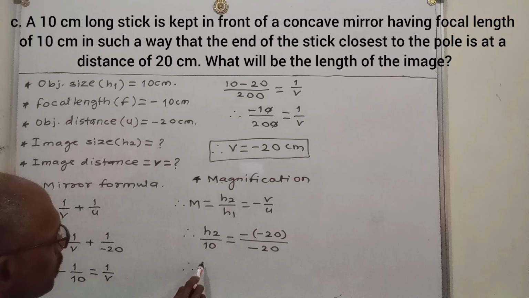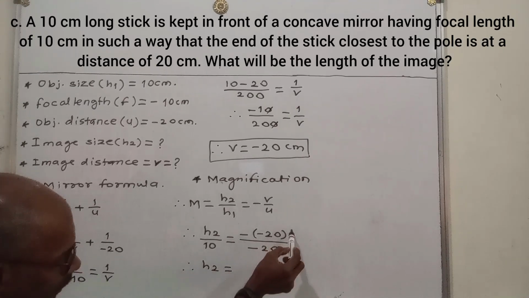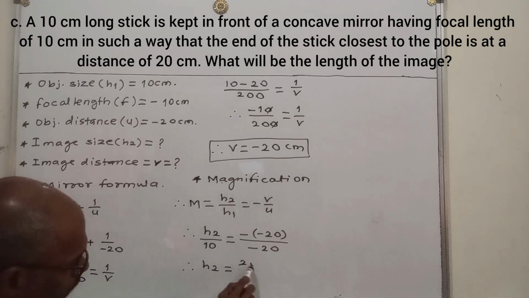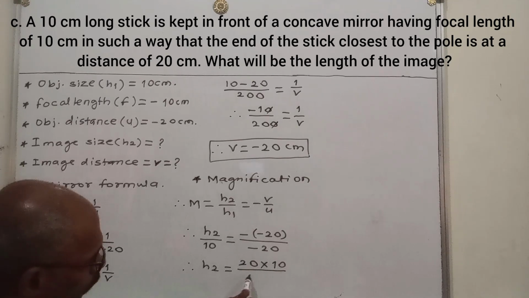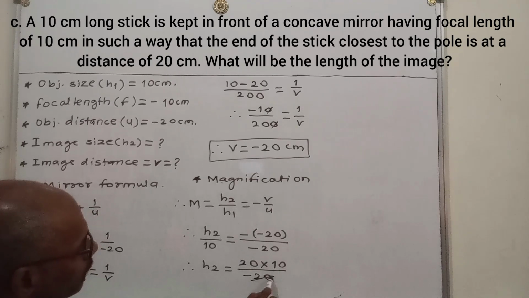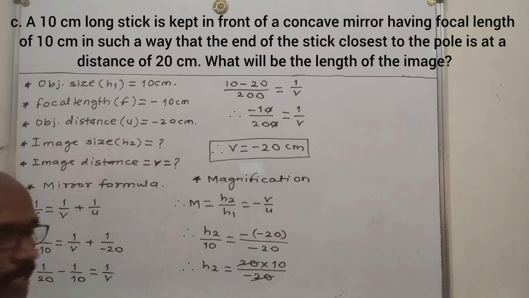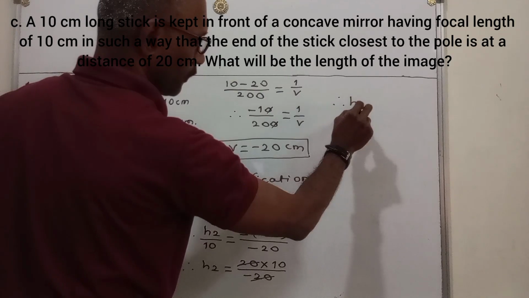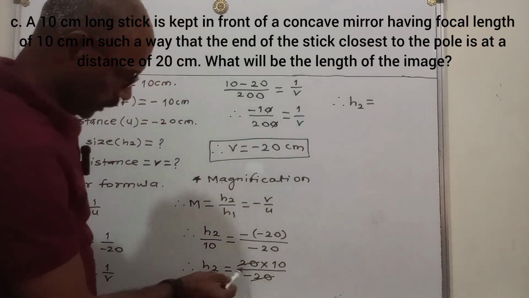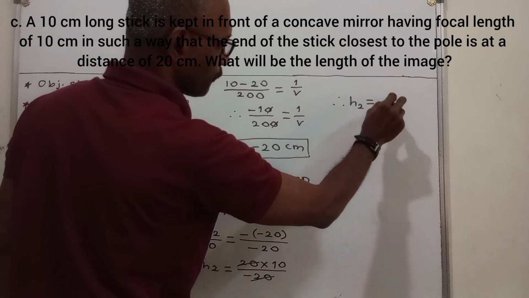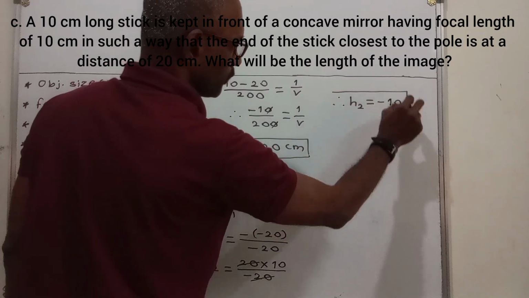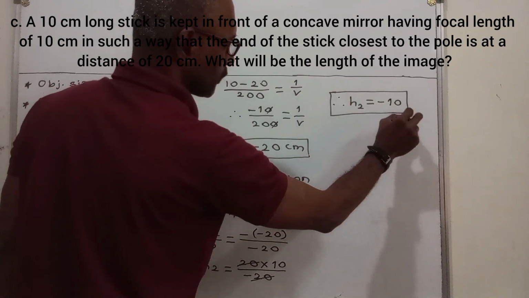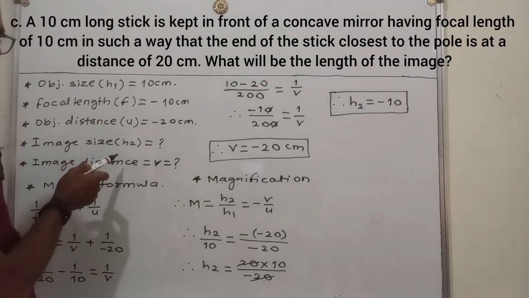Therefore, H2, we take this 10 to the right side. Minus into minus plus, into this 10 upon minus 20. 20 cancelled. Therefore, H2 is equal to minus 10. This is our image size.